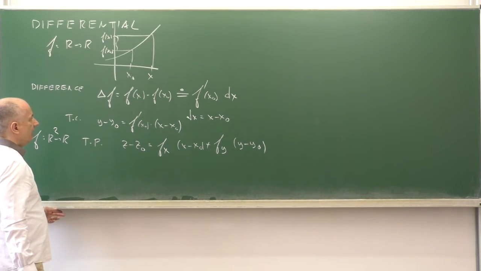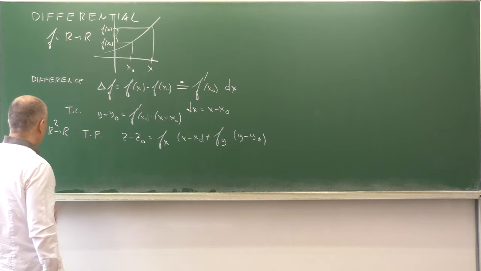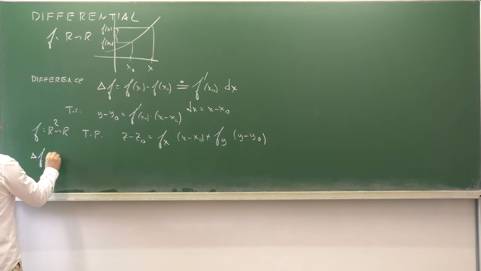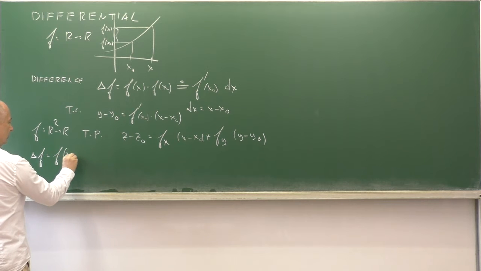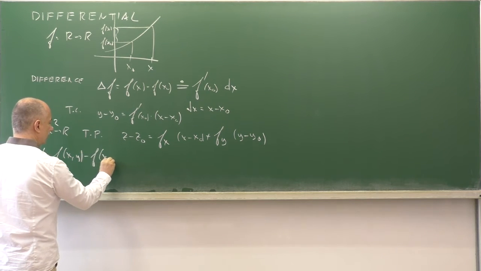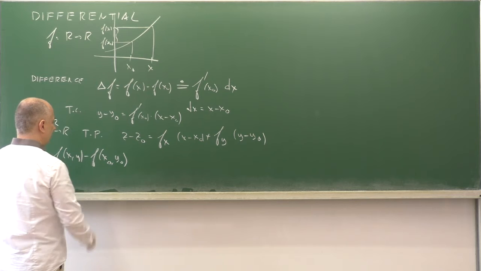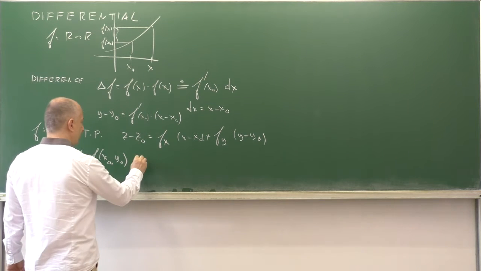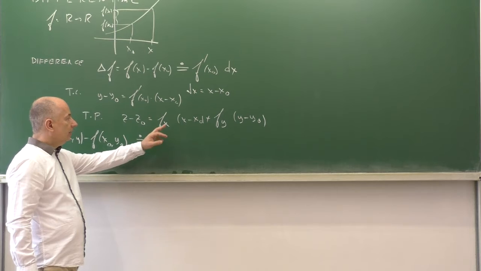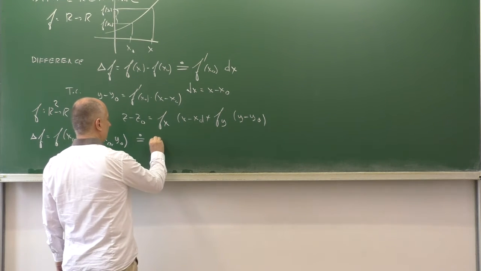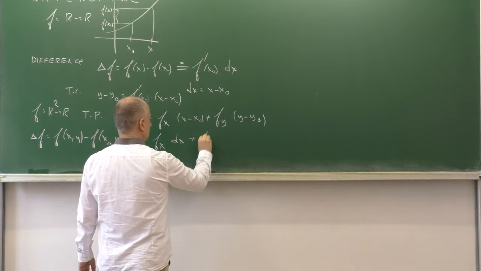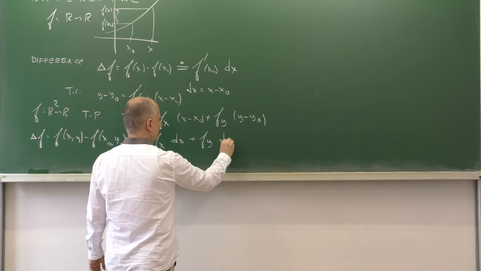Then we can again approximate the difference delta f, which is f at the new point (x, y) minus f at the old point (x0, y0), and this can be again approximated by a similar expression, namely f_x dx plus f_y dy.